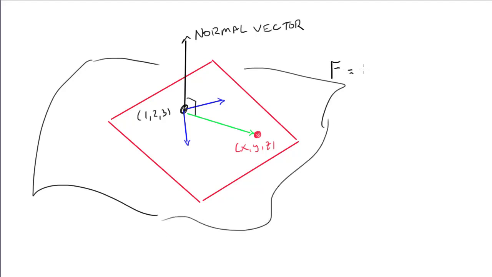The point 1, 2, 3 lies on a surface, so its gradient is orthogonal. In particular, the gradient's orthogonal to that green tangent vector. Their dot product is 0.